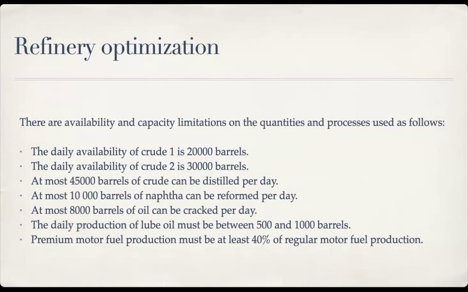The capacity of the reformer is 10,000 barrels, and the capacity of the cracker is 8,000 barrels. The daily production of lube oil must be between 500 and 1,000 barrels. The next condition is that premium motor fuel production must be at least 40% of regular motor fuel production.